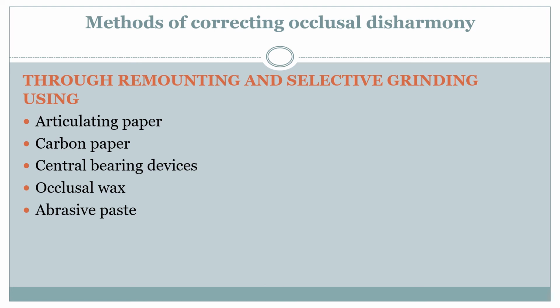So by using the previous articulation, you can try to minimize the chair side time, removing all the premature contacts and all the irregularities. Everything can be corrected in the lab side, and then the denture can be delivered to the patient in lesser chair side time. So the occlusal errors that we might see in the patient's mouth will be very minimal.